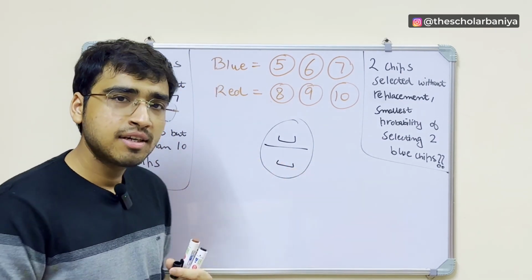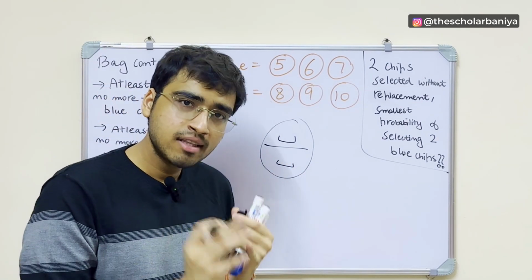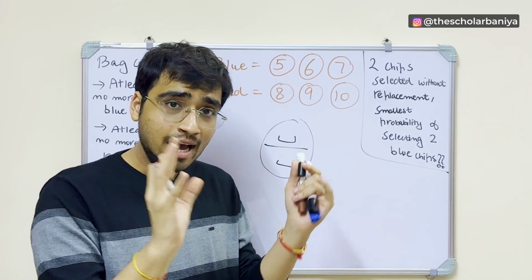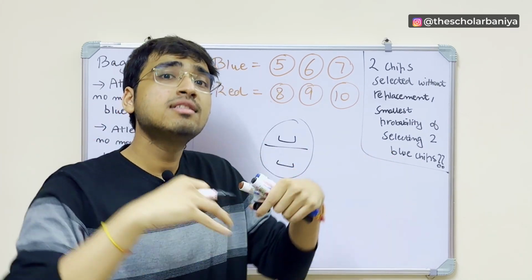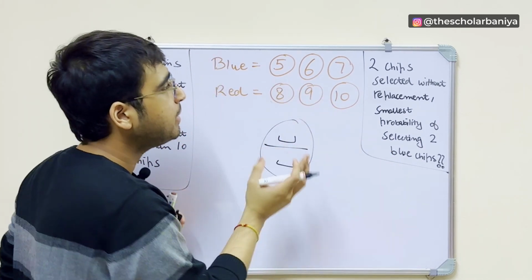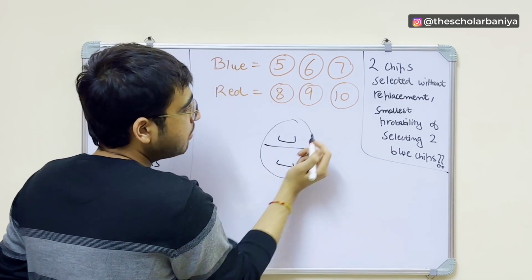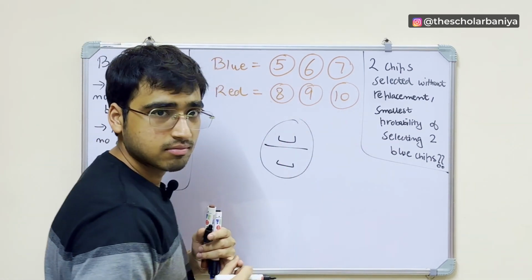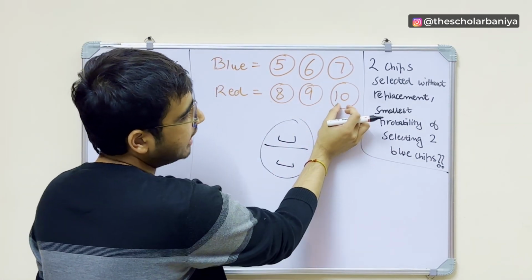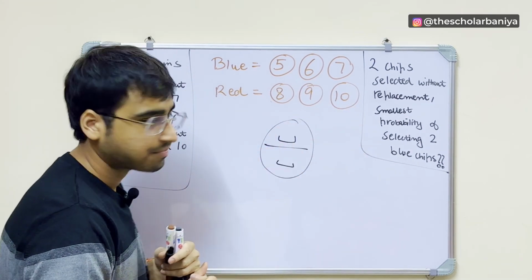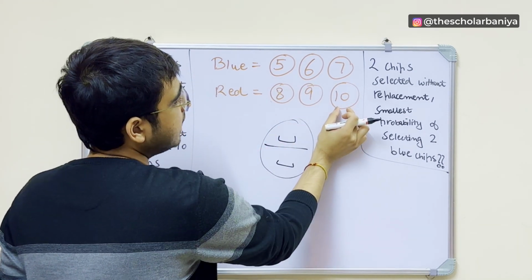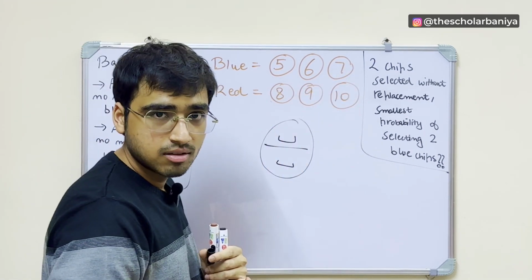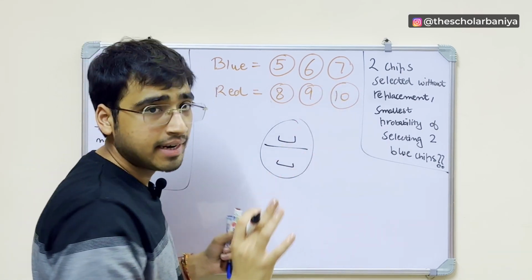So how will you make the denominator big? You will make the denominator big by having the total number of things large. What I mean by that is, for example, if you select 10 from this, and if you select 7 from this, then 10 plus 7, 17.